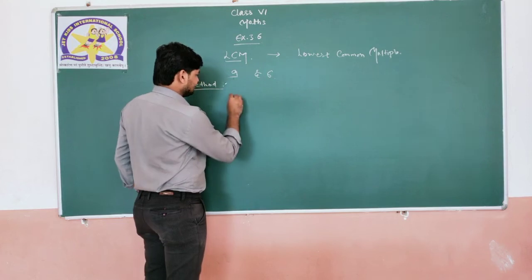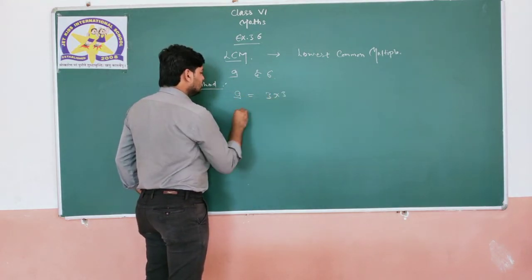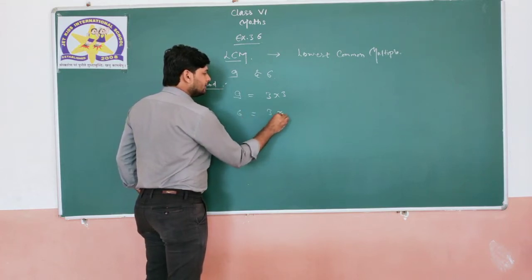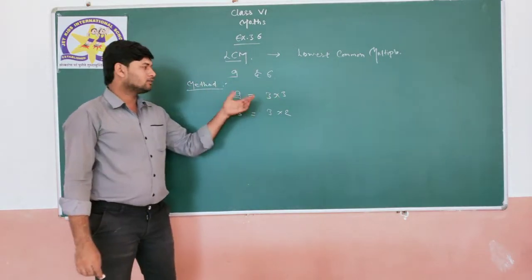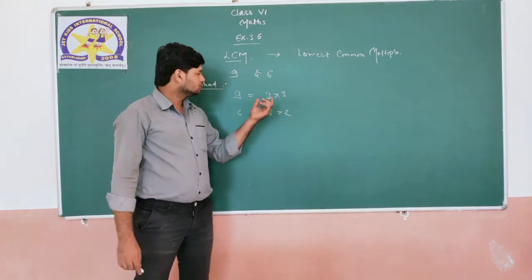Prime factorization, right? 9 is 3 multiplied by 3, and 6 is 3 multiplied by 2. This is the prime factorization: the factors are in terms of prime numbers.